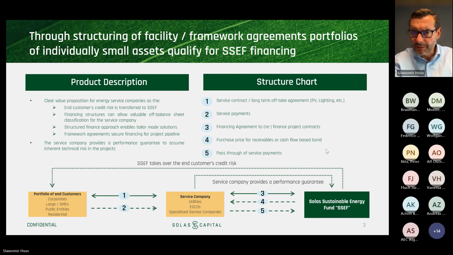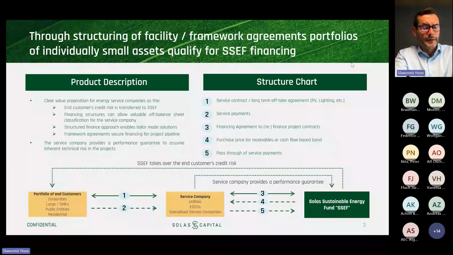What we do, as I mentioned before, at Solas Sustainable Energy Fund, is team up with service companies that generate these efficiency projects, and we purchase the receivables. That's a legal status, but in practice we purchase the cash flow arising from these efficiency investments.